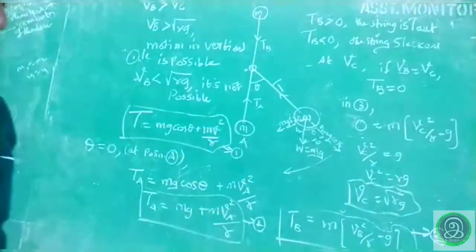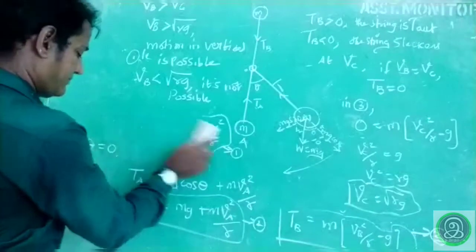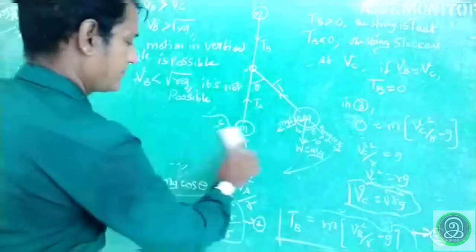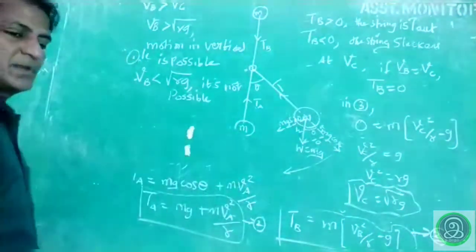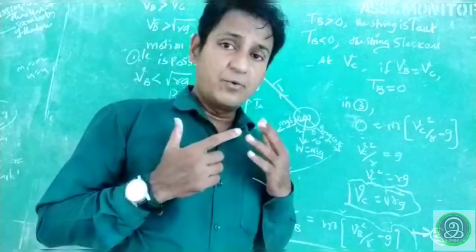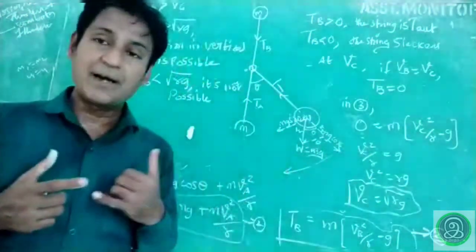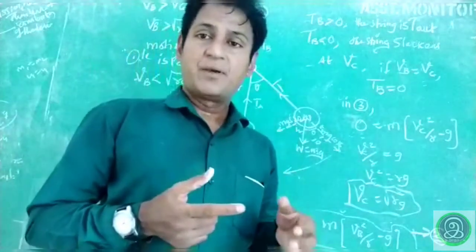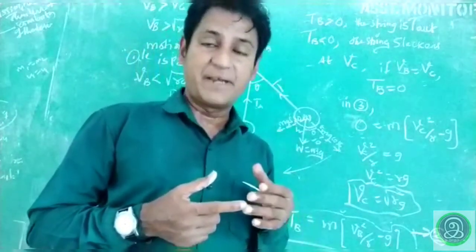So, again, in order to get the velocity at the point A and the tension at the point A, we have to apply the law of conservation of energy.